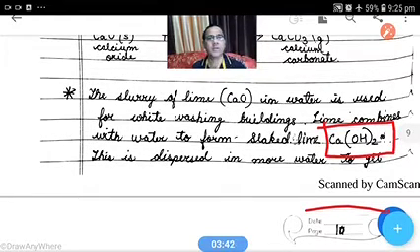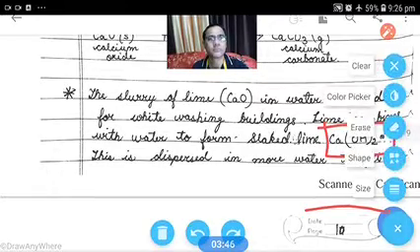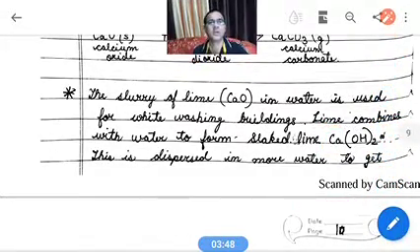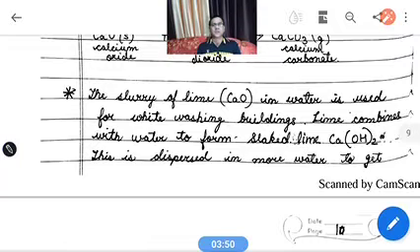This is the chemical formula of calcium hydroxide. When dissolved in water, calcium hydroxide remains in the water and forms a slurry of lime, and this slurry of lime is utilized for whitewashing.